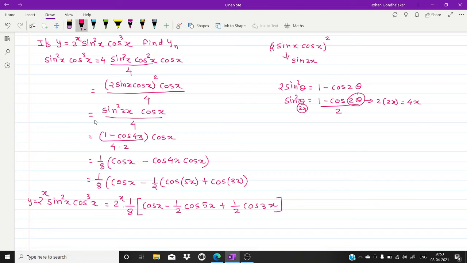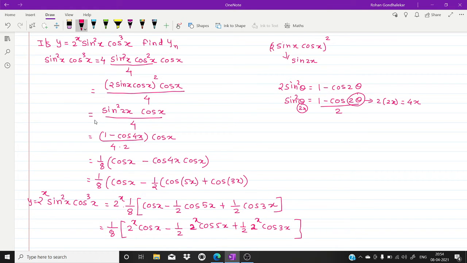Now multiply by 2 raised to x into the bracket. So we have 2 raised to x into cos x minus 1 by 2 into 2 raised to x into cos 5x plus 1 by 2 into 2 raised to x into cos 3x.